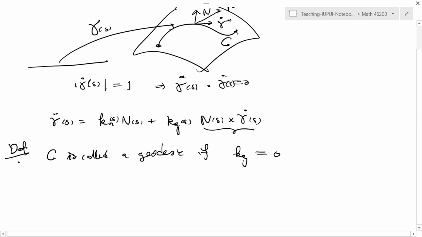Since gamma s is a parametrization for the curve C, sometimes we also say gamma s is geodesic. If the image is geodesic, actually we're talking about the image, the curve should be independent of parametrization.